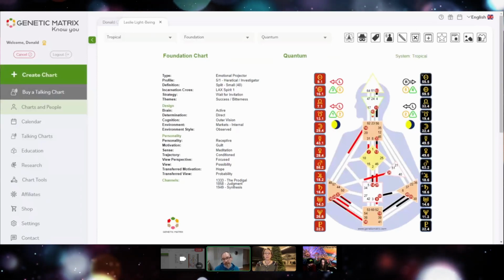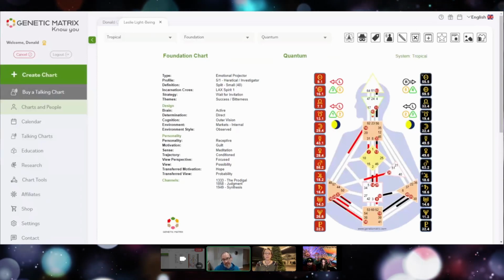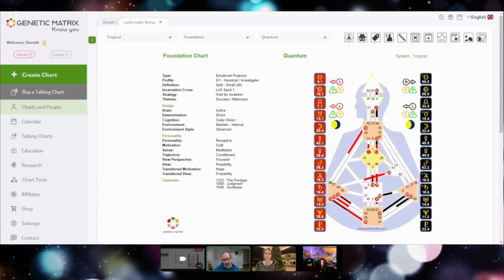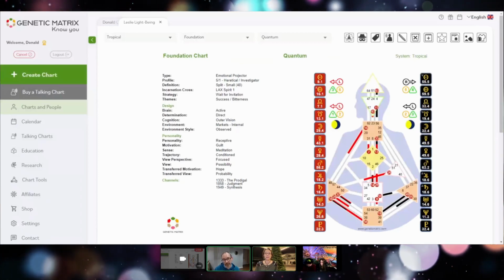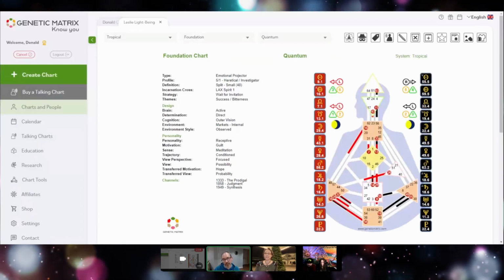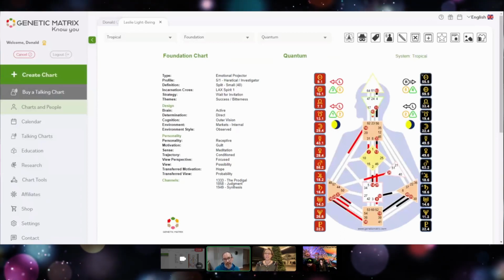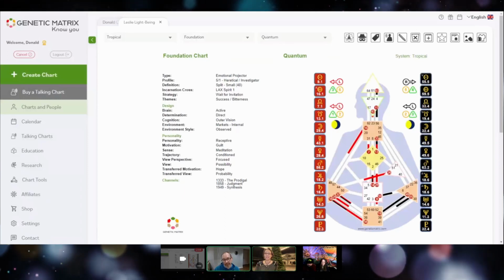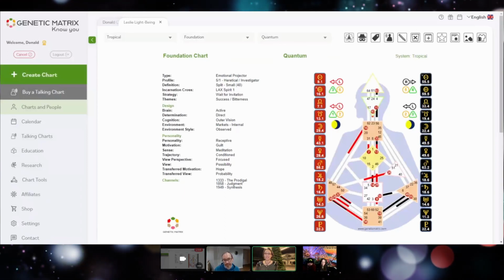When you meet a reflector, they basically can reflect themselves upon you, and they know exactly who you are and your energy. And they have lunar authority, which is kind of interesting. As the moon changes, it takes them 28 days to actually come to a decision.